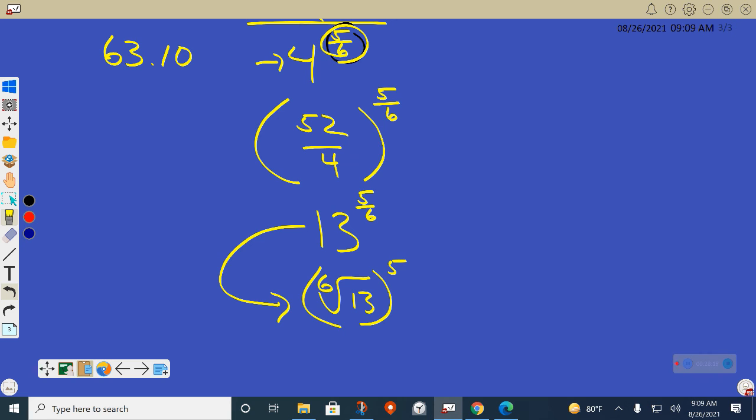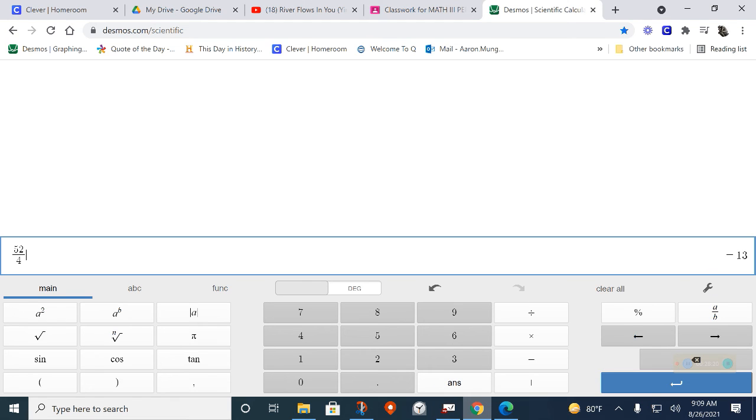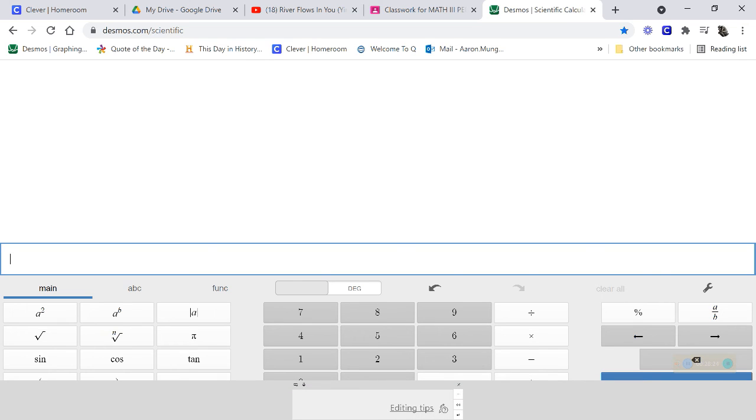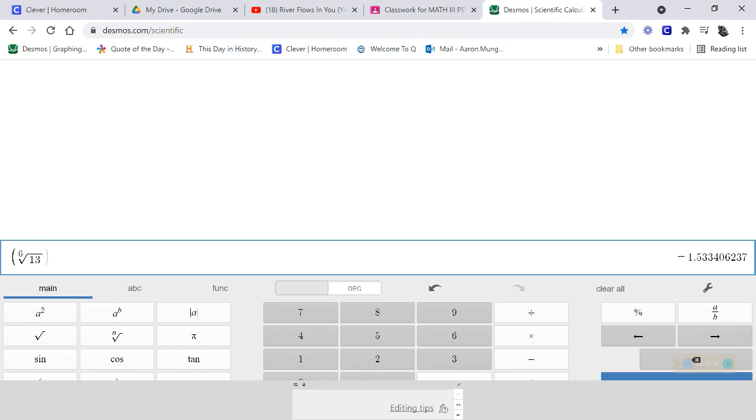Okay. So I'm going to type that in the calculator now, the 6th root of 13 to the 5th power. There we go. The 6th root of 13. Again, I forget the parentheses like a doofus. Come on, mister, pull yourself together. To the 5th power. Yes, sir.